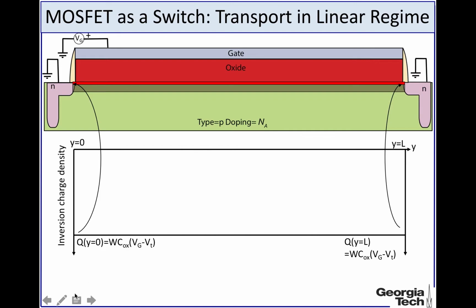Alright, now let's look at how the inversion carrier density looks as a function of the position along the channel direction, or the y direction. By definition, threshold voltage is the minimum gate voltage that you need to invert the channel.